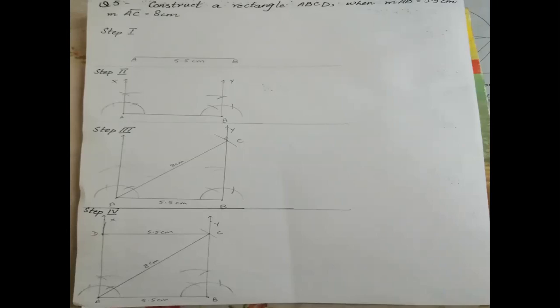Both line and arc meet each other at point C. Now open your compass 5.5 centimeter. Put your compass on point C and cut the angle of 90 degree which lies on point A. The line and the arc cut each other at point D. Join D with C.